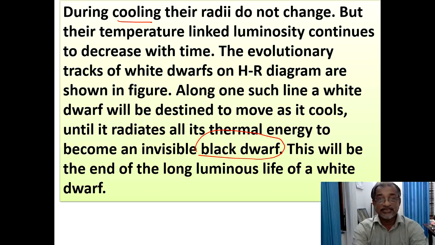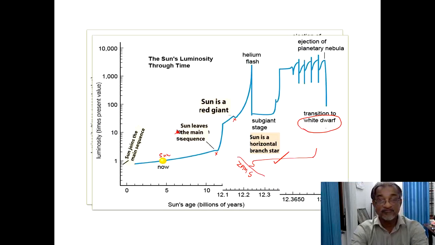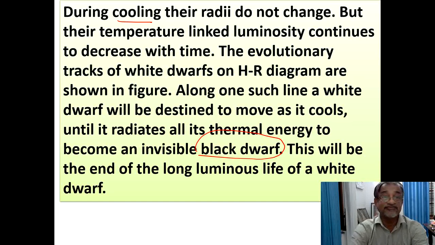The evolutionary tracks of white dwarfs on the HR diagram are shown in the figure. Along one such line, a white dwarf will be destined to move as it cools until it radiates all its thermal energy to become an invisible black dwarf. This will be the end of the long luminous life of a white dwarf.